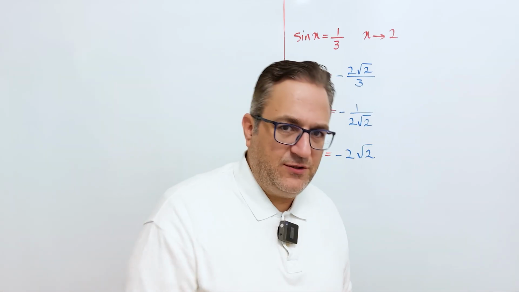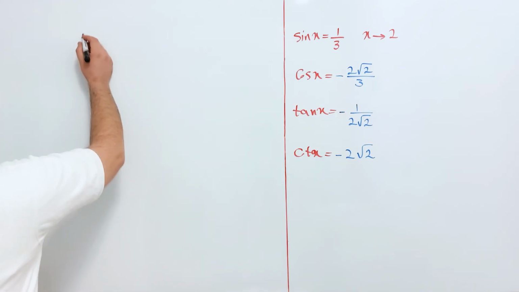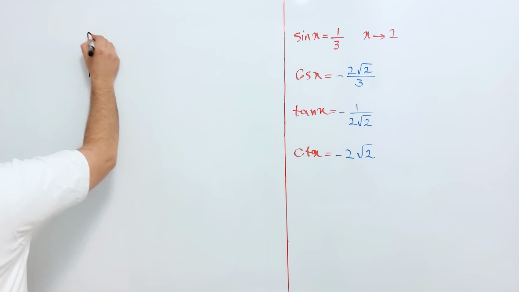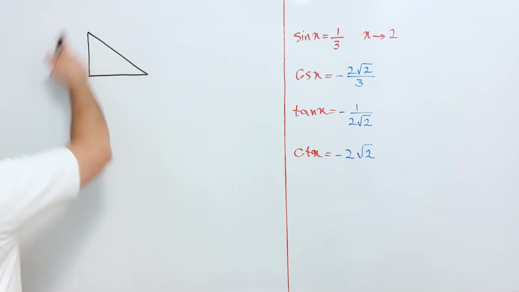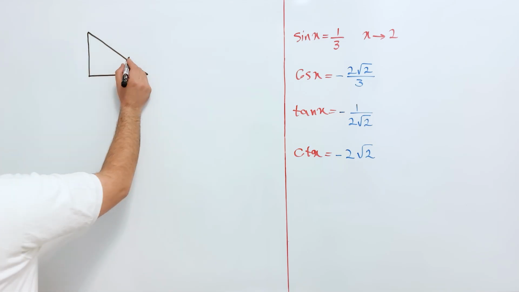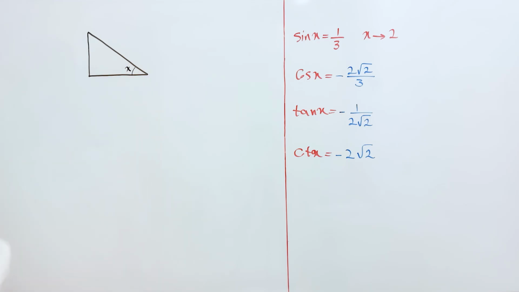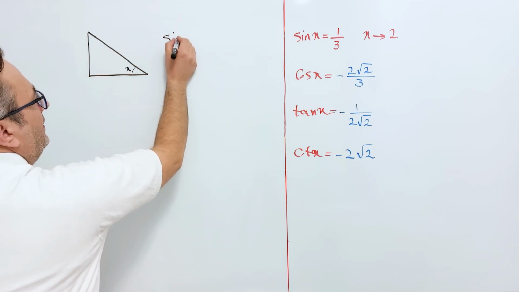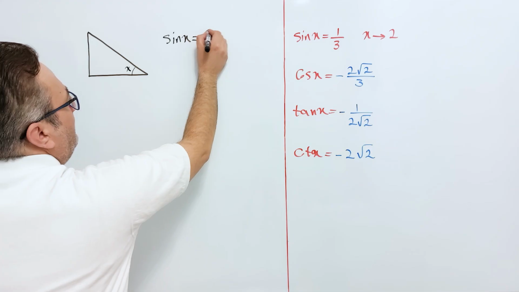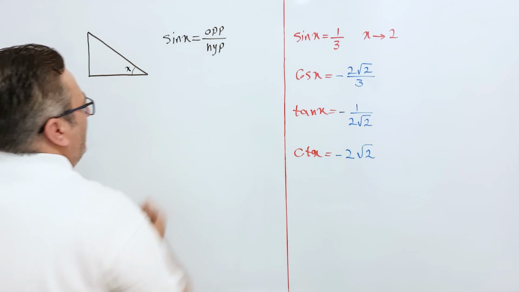Now the second method, which is the graphical method, by drawing a right triangle. Take a look at this triangle. If here is the angle x, according to the definition of sine, sine x is equal to the opposite side divided by the hypotenuse.